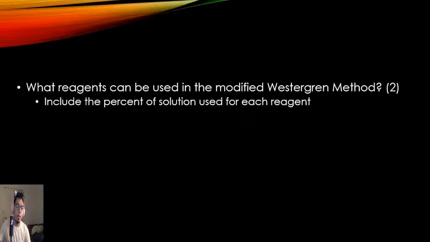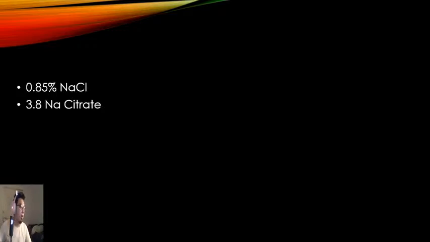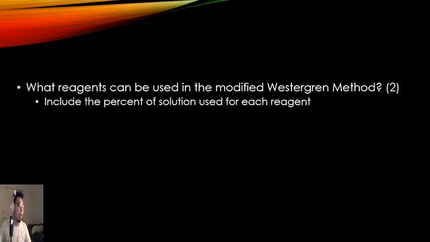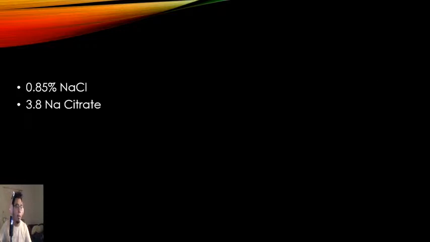You need sodium chloride and sodium citrate, and these are the percentages: 0.5% sodium chloride and 3.8% sodium citrate. So that's the difference between modified Westergren and Westergren method. You can use EDTA samples, but you need to have these reagents.